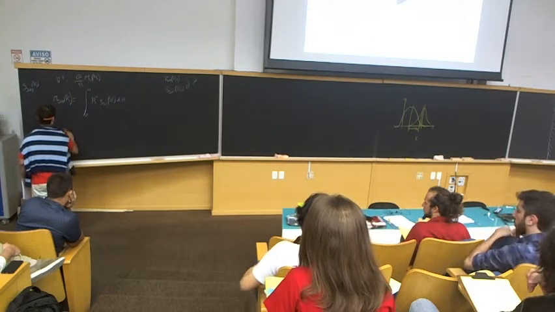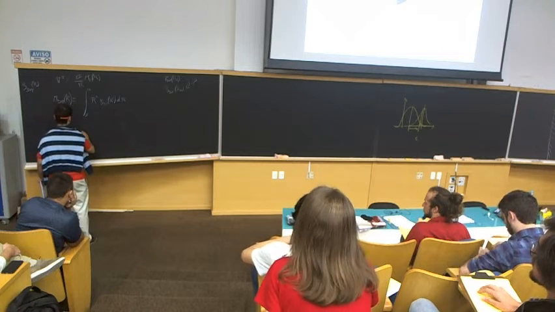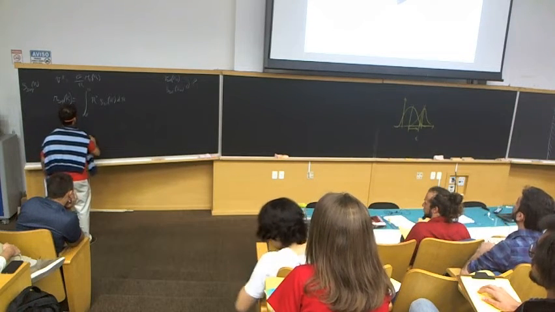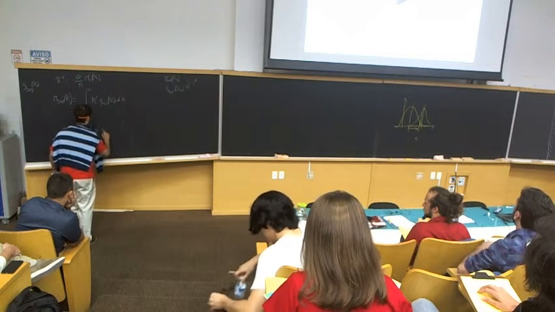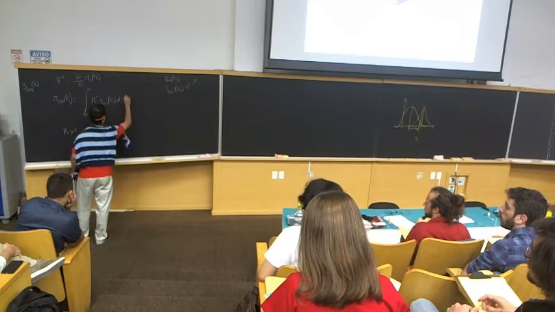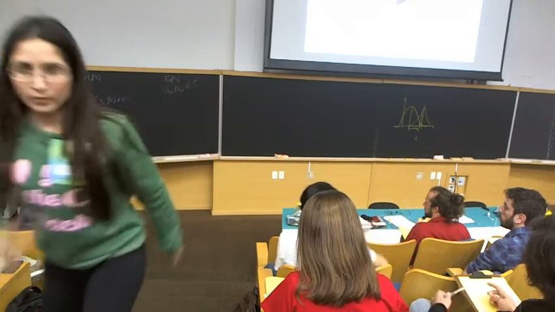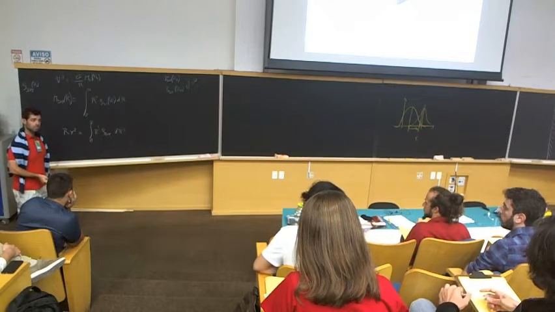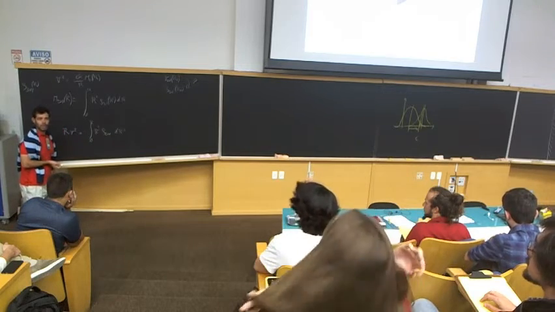So I know that r v squared is equal to the integral of r prime squared rho DM dr from 0 to the radius of my interest. Correct? Now I want to express everything in terms of rho dark matter, because that's what I'm interested in.